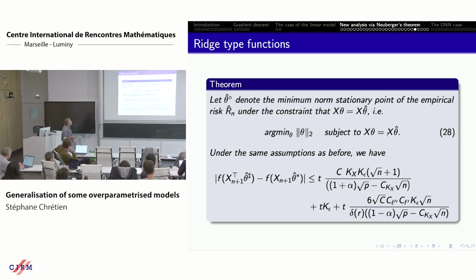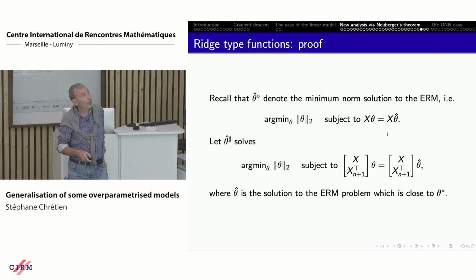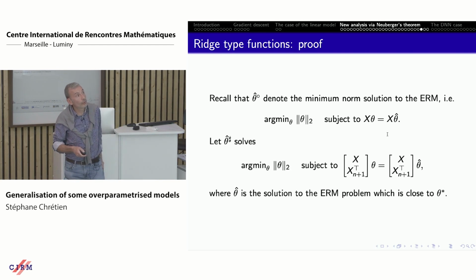So we can also control the prediction error with a new observation. And this can be easily done by just decomposing your problem into several steps. That will prove that the least norm solution has prediction guarantees which are almost similar to the truth with controlled error.